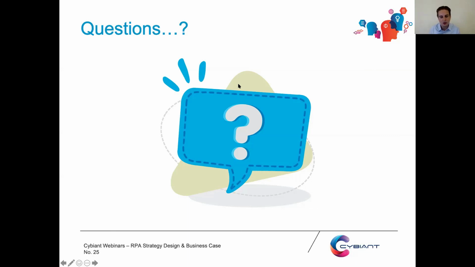So most software products will be able to connect with standard databases and standard software tools, but it's very important always to look at the integrations between the data that you currently have and what the RPA tool can do.